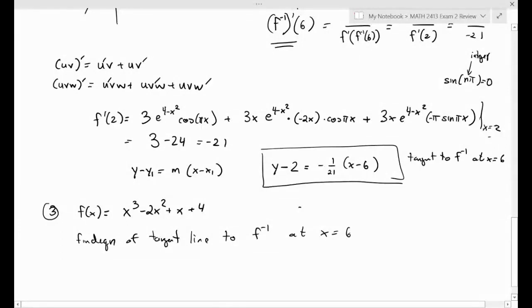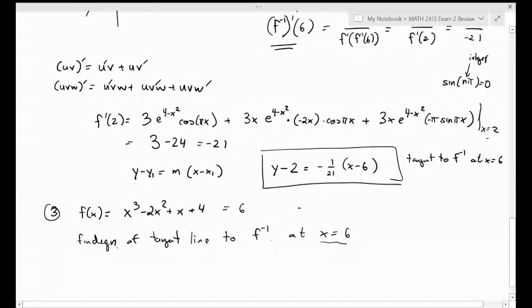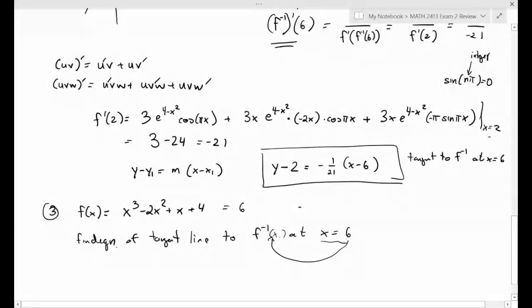So what would be different about this one? What would be different is that you would have to figure out for which value of which argument for the original function would give you 6. That's a little tricky. I have to admit that's really confusing, because this x represents the argument for f inverse, not for f, right?